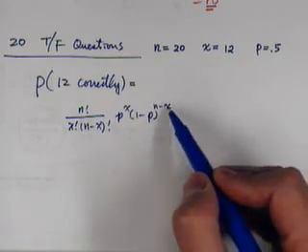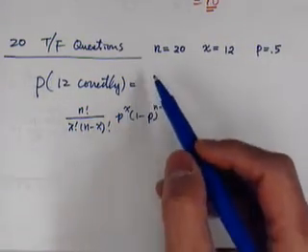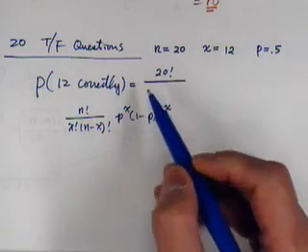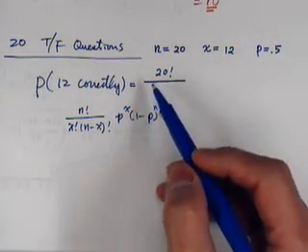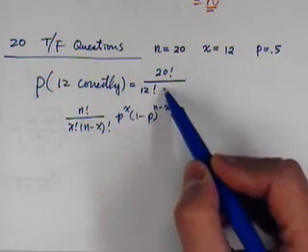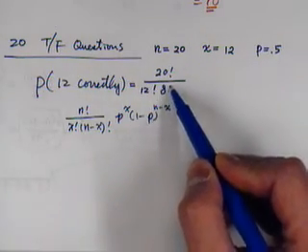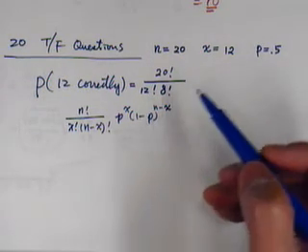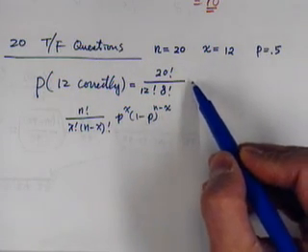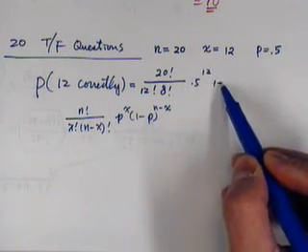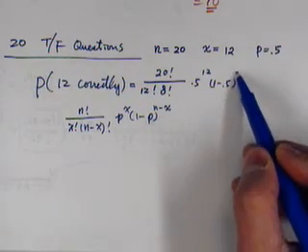So to use this formula, what do you do? 20 factorial. Oh, I'm in trouble, right? That's fine. 12 factorial, and this is what? 20 minus 12, 8 factorial. Then 0.5, p raised to the 12 power, and 1 minus 0.5 raised to the 8 power.